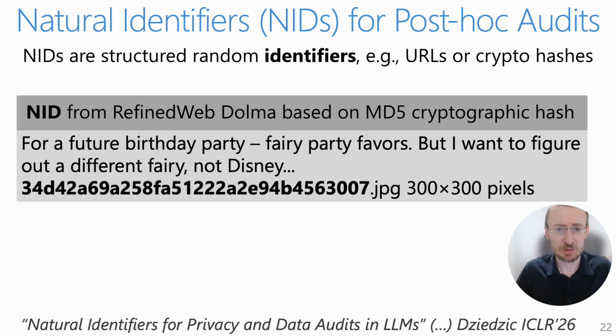These strings occur quite frequently and naturally in models' training data. These natural identifiers, we in short call them NIDs or needs. These needs have known generation functions that we leverage to generate an unlimited number of held out or non-member data points from the exact same distribution as the natural identifiers, these needs.